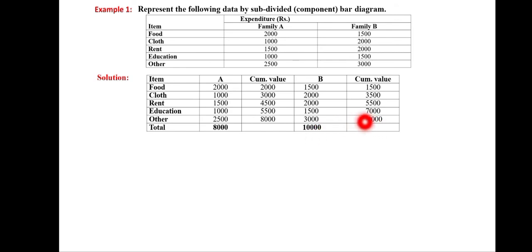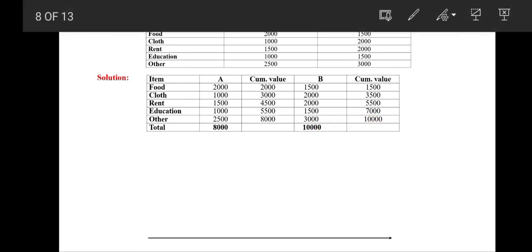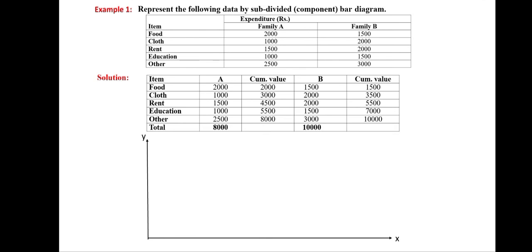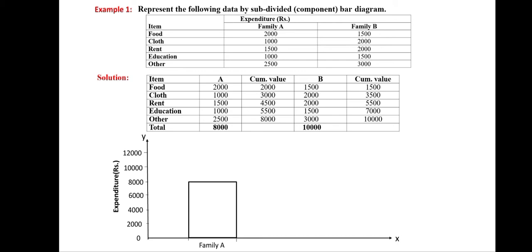Okay, so we'll draw the x-axis and y-axis, and in y-axis we have to write down the values, and here you can see the cumulative values are up to 10,000, so you can write down the values till 10,000 or more. And in the x-axis we will write down family A and family B.